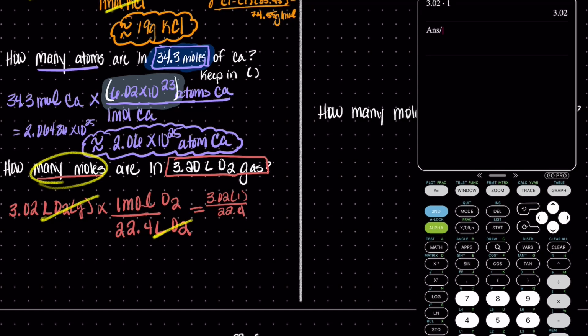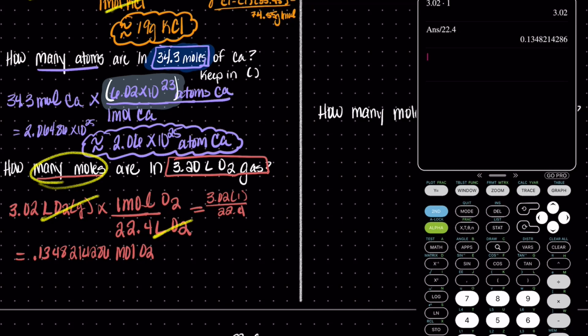Of course, it doesn't do anything for us. So we're looking at a final answer of 0.134821428 mole of O2.